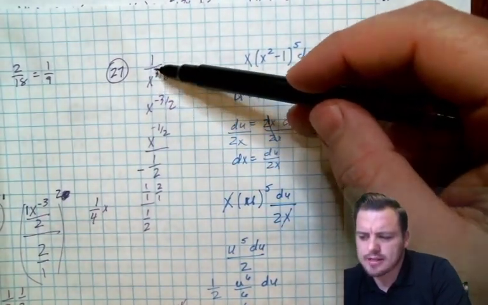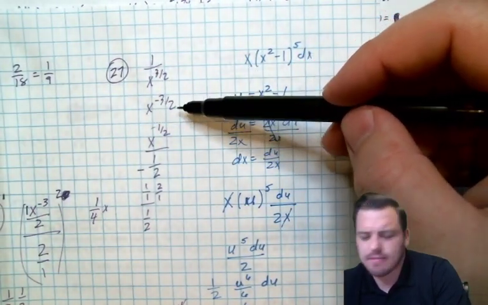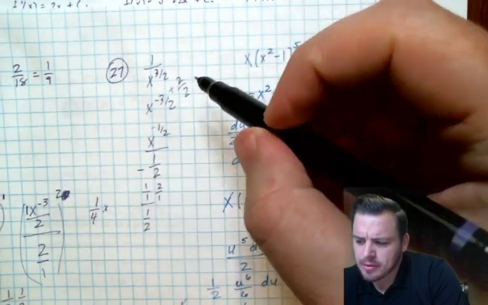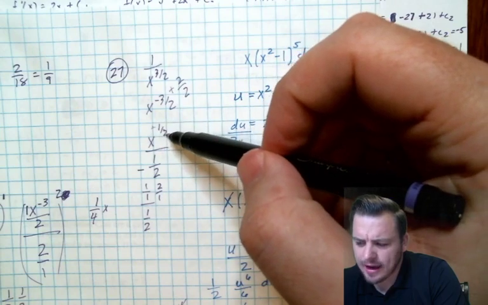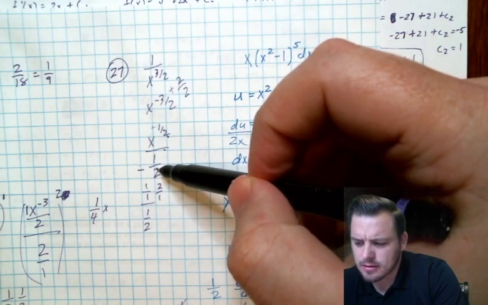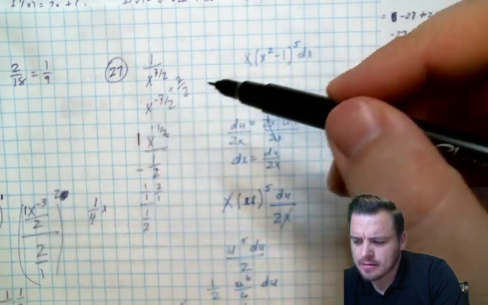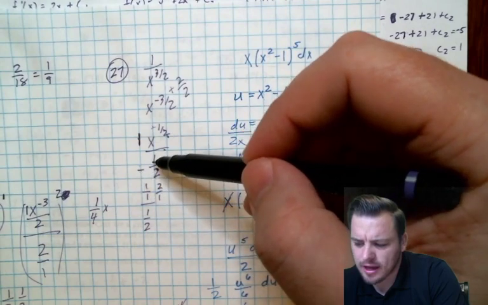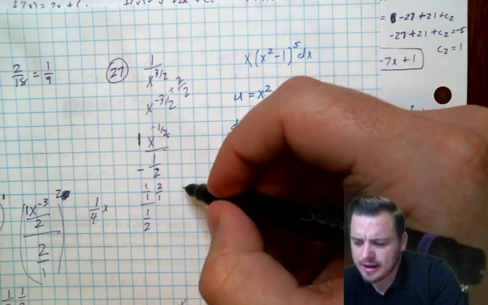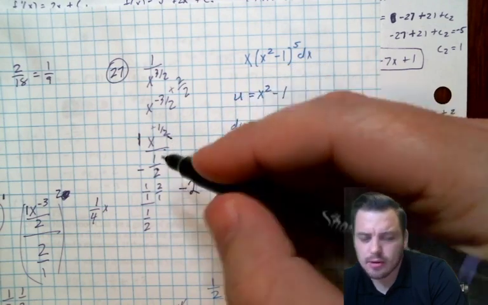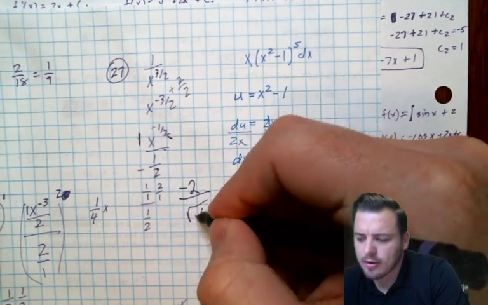It's 1 over x to the 3 halves, which is x to the negative 3 halves. When you add 1 to that, you get negative 1 half over negative 1 half. And then from there, if you flip that, 1 divided by negative 1 half would be negative 2. And then you just push this down. So that would be radical x.